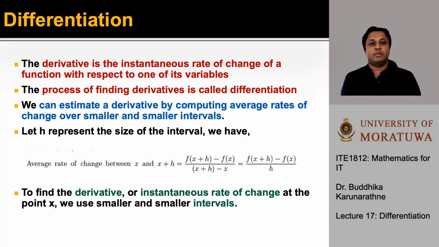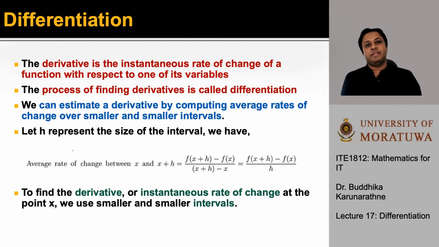The derivative is identified as the instantaneous rate of change of a function with respect to one of its variables. We'll soon come to a mathematical definition of this. The process of finding the derivative is called differentiation. So by doing differentiation, our target is to find what we call the derivative. We will soon see how we do that.